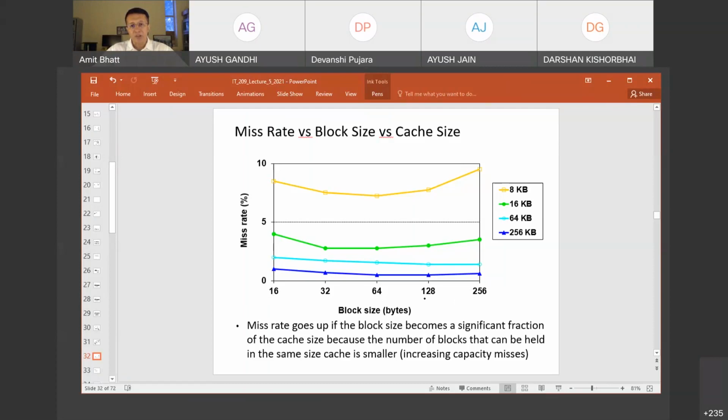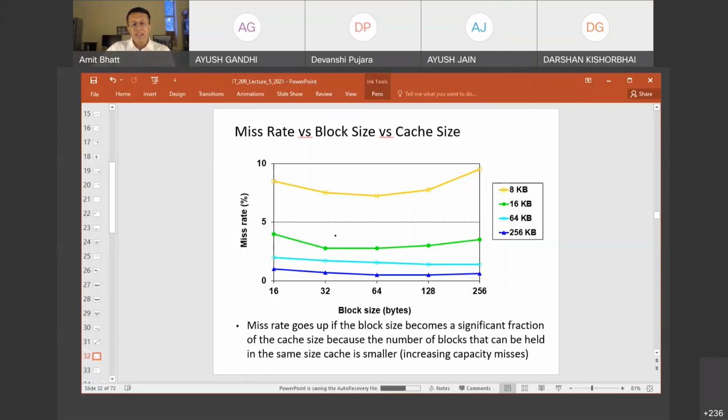So that is your block size. Now you are doing an experiment. For this program, you're measuring the miss rate. Now, the higher the miss rate, the worse it is, and the lower the miss rate, the better it is for your program. 0 miss rate is the best, right? But that is very difficult to achieve. So you have to bring down your miss rate as low as possible.